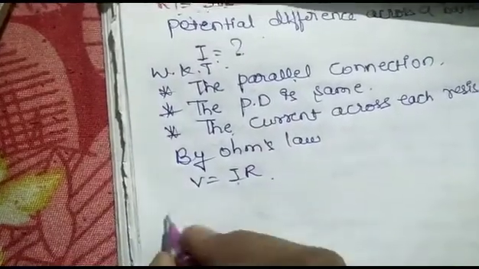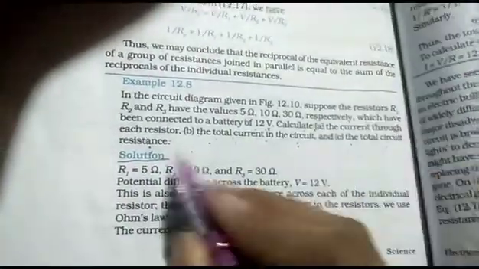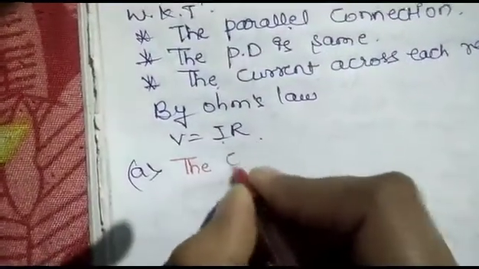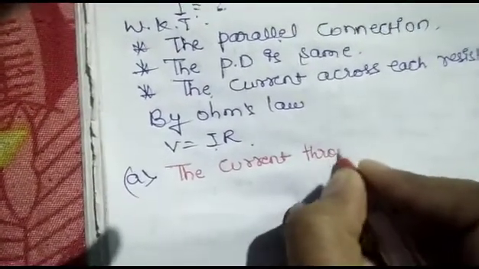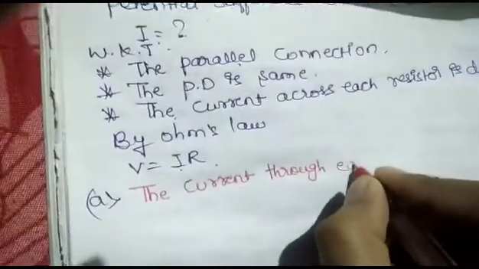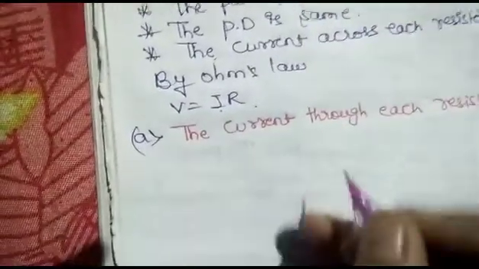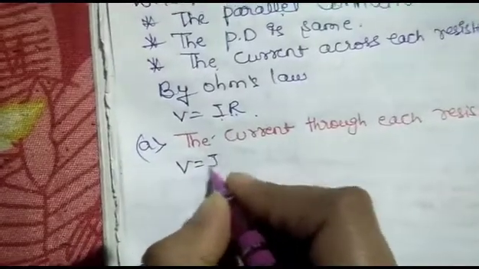What we have to find out in the first problem is the current through each resistor. So let us write this: the current through each resistor. To calculate the current through each resistor, we use Ohm's law, V equal IR.